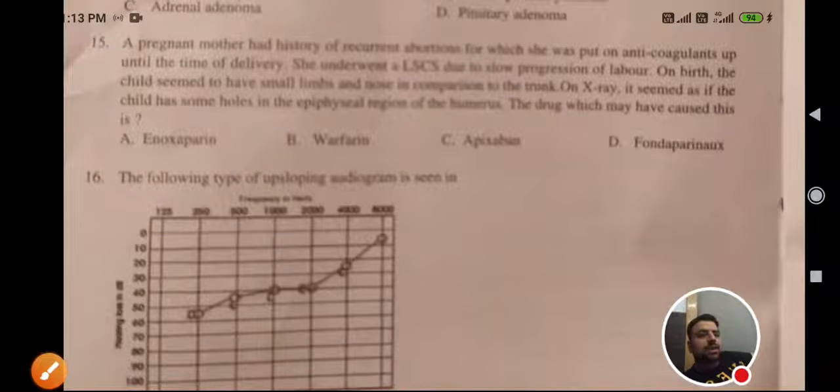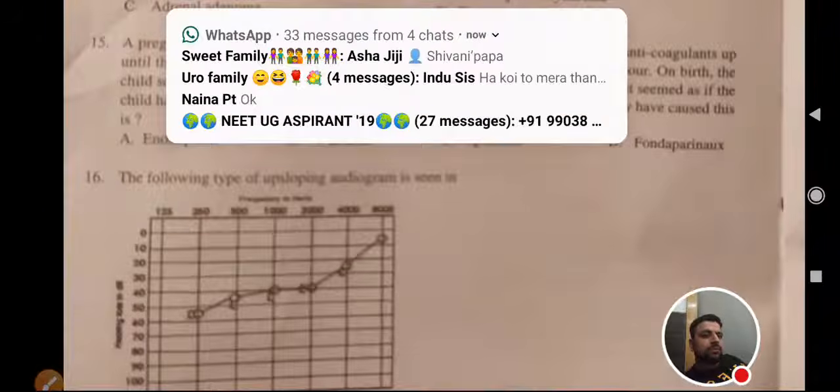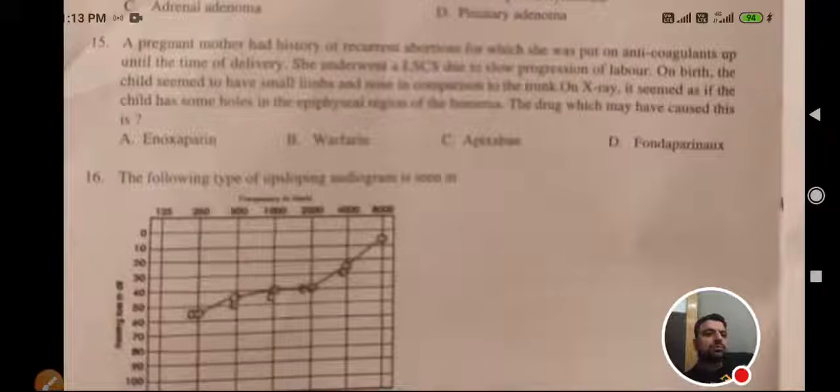Now, a mother had a history of recurrent abortions for which she was put on anticoagulant up until the time of delivery. She underwent LSCS due to slow progression of labor. At birth, the child seemed to have small limbs and nose in comparison to the trunk.